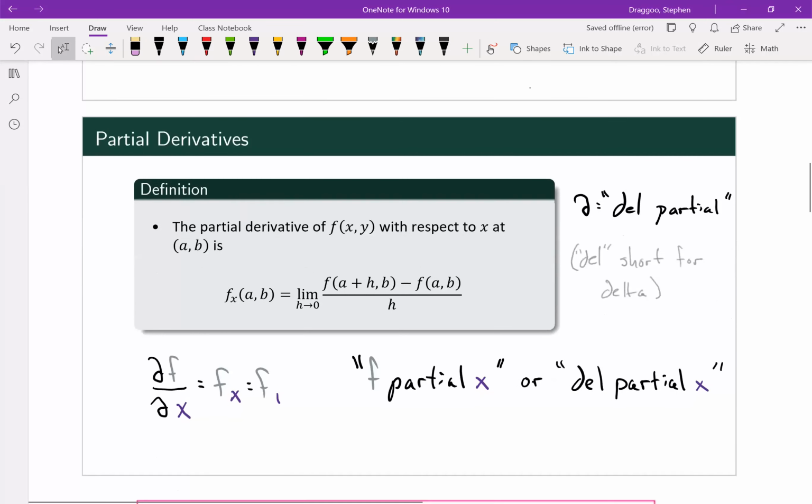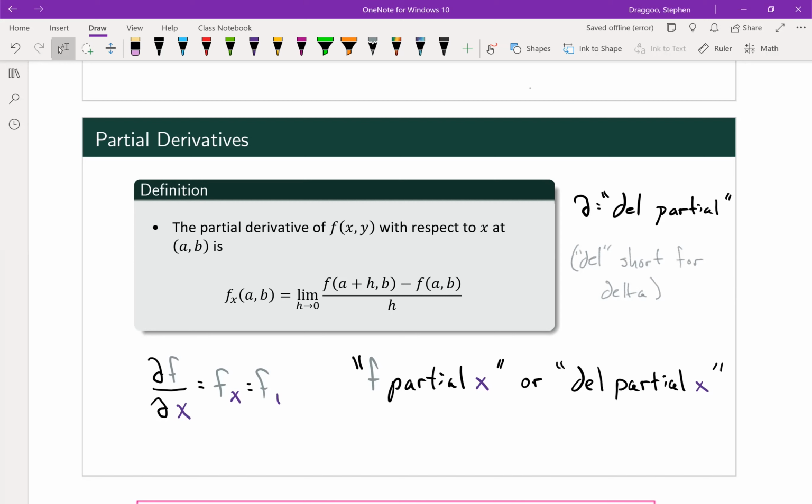But starting with just the definition of a partial derivative, and all it says is that if we break it down to that limit definition, where we would normally take f of x plus h minus f of x over h was the Calc 1 definition of a derivative. If we're doing a partial derivative with respect to x, then we're only going to be adding h to the x term.